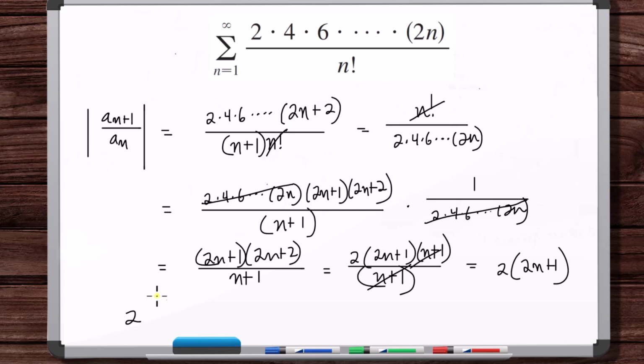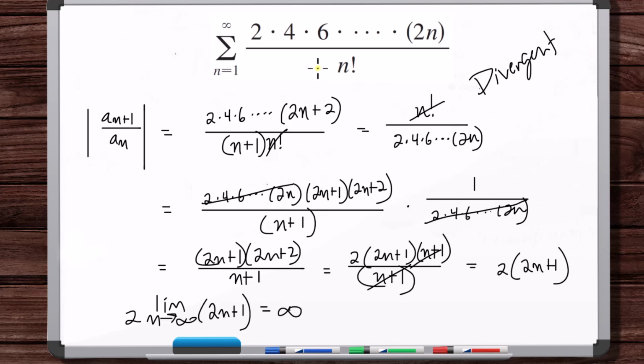So we can take the 2 out front, limit as n approaches infinity. 2n plus 1 is equal to infinity. So that is greater than 1, right? They said, okay, it either converges to something greater than 1, that means the series is divergent, or it diverges to infinity. So this is divergent.